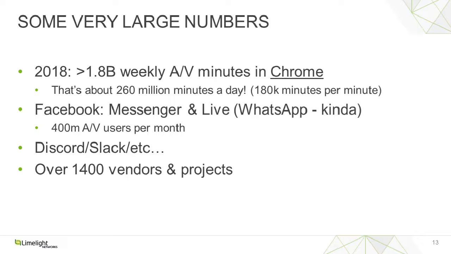Facebook uses WebRTC for Messenger and Live. WhatsApp is kind of using a weird mishmash of it. And then I think we've also got new things coming out. Discord and Slack are using it again. One of the new applications that's starting to get traction with the youth is House Party, using WebRTC for doing video sharing amongst groups of friends.